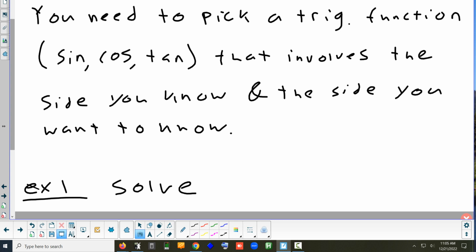So now you have to think in your head, okay, what trig function has opposite and adjacent? Tangent. If you knew the opposite, and you were trying to find the hypotenuse, then you're going to think, okay, which one has opposite and hypotenuse? That's sine. So it's all about what side you know and what side you want to know.